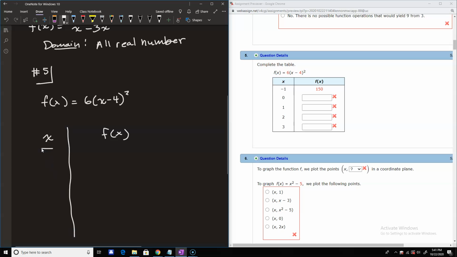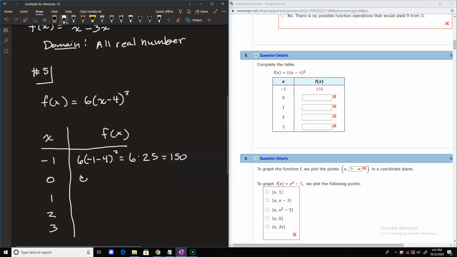We have the numbers negative 1, 0, 1, 2, and 3. For negative 1, we have 6 times negative 1 minus 4 squared. That comes out to 6 times 5 squared, which is 25, so that would be 150.